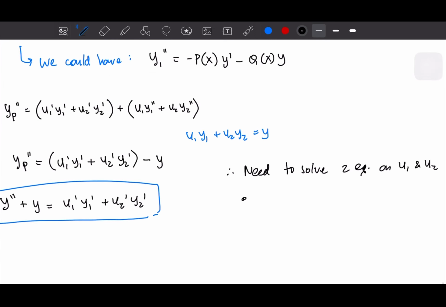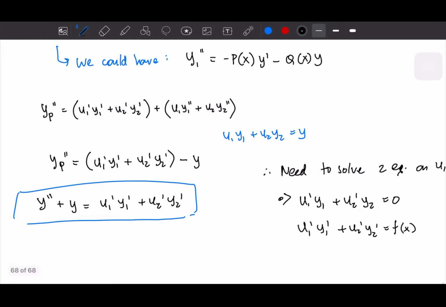The first is u1 prime y1 plus u2 prime y2 equals 0. And the second is u1 prime y1 prime plus u2 prime y2 prime equals a function of x. Let's say a function of x, because our question has tangent, so this equals our function.